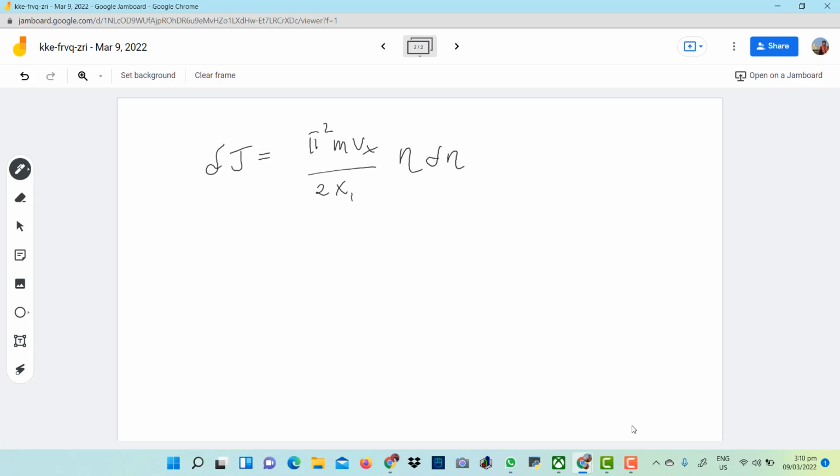Once we vary J, you will set it to 0 to find the extremum. So to find the extremum, you will set delta J equal to 0. It means that pi square m vx over 2x1 times eta times the change in eta must be equal to 0.